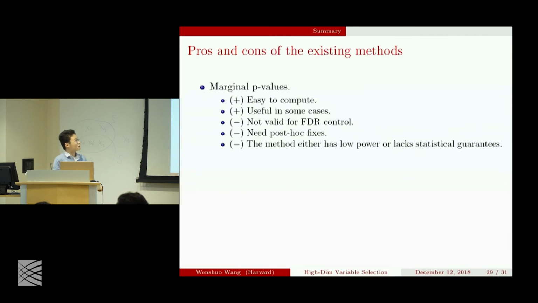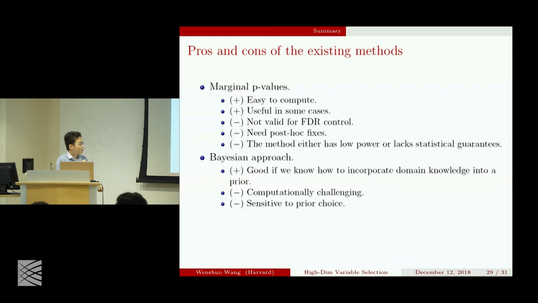Okay, summary. Marginal p-values, the first approach we have, are very easy to compute, there are a lot of methods to do that, and they're useful in a lot of cases. However, they're not valid for FDR control, and most of the time they need post hoc fixes, like the Manhattan plot, where you have to define a bump and a cutoff. Also, the method either has very low power, or we don't have any statistical guarantees over those methods.